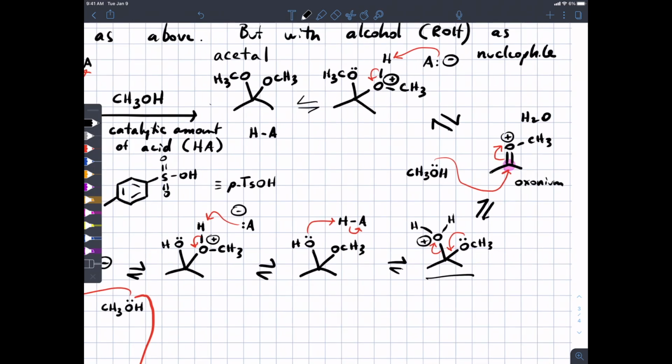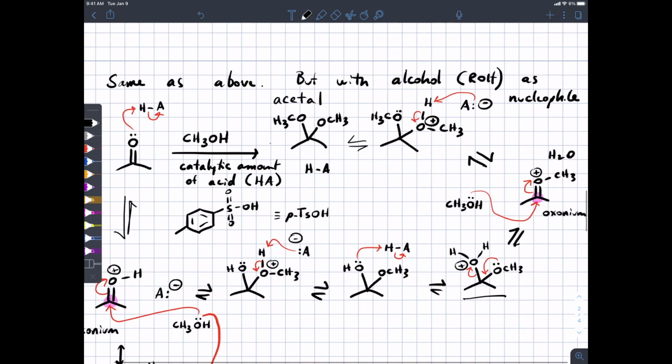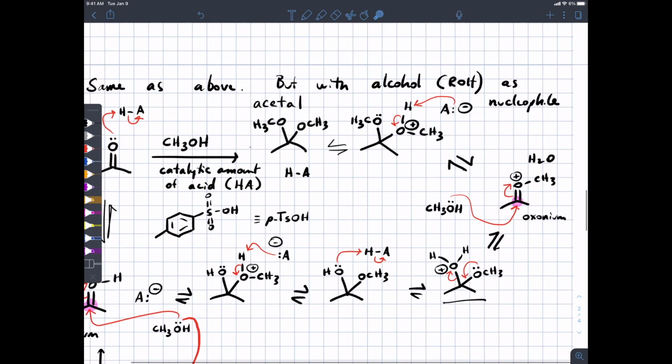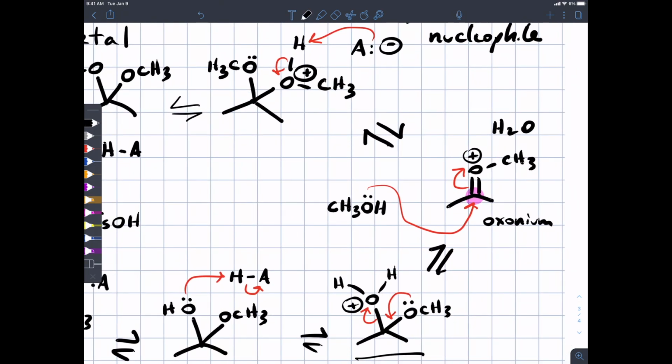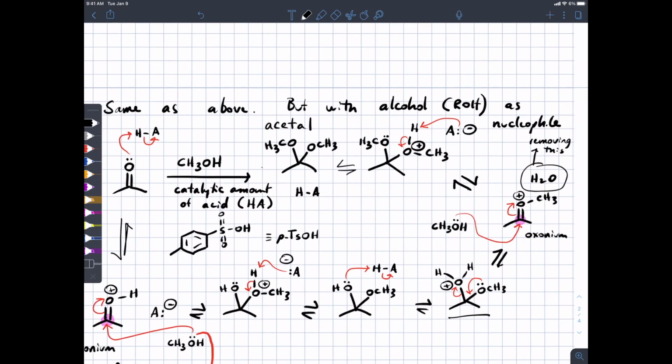Look at what's absent in the product, that carbonyl oxygen. We lose water. So if you have some way of removing water, then you can favor forming the acetal.